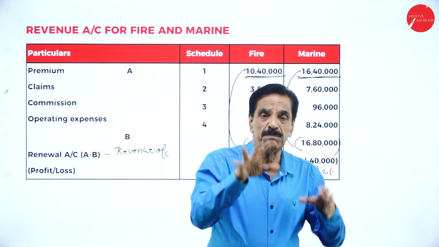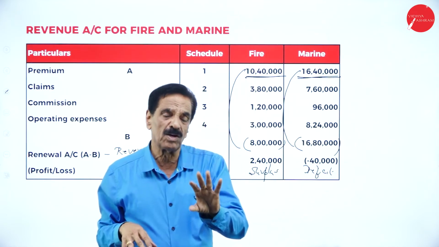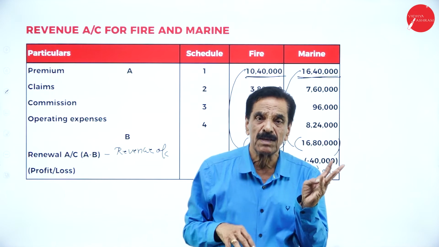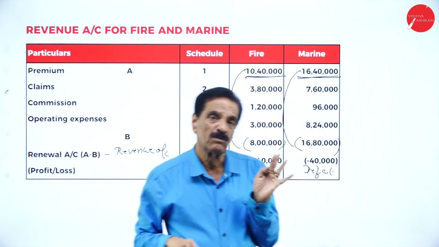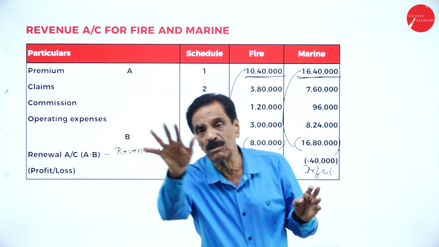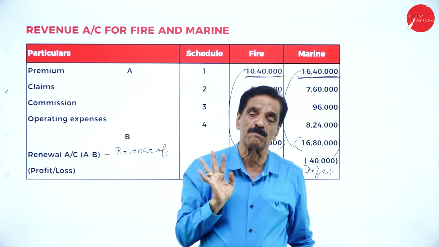In this, premium is the only income. The other three are expenditure: second is the claim, third is the commission, fourth is operating expenses. How is the premium calculated?